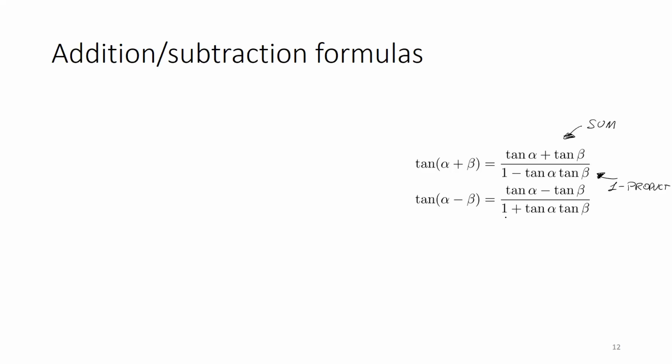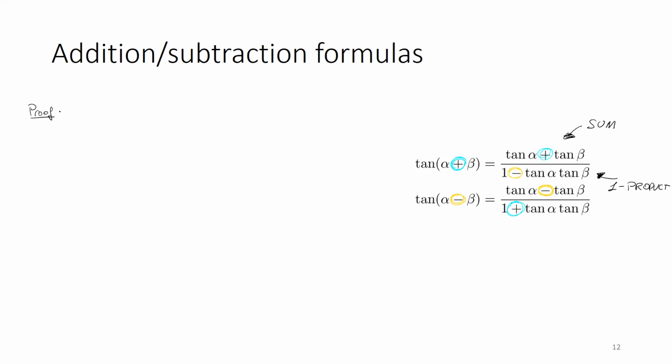And in the denominator, you have 1 plus the product. So it's in each case the opposite sign. So you have to be a bit careful. If you have a plus here, then you get a minus here. And if you have a minus here, you get a plus here. And once more, we will not cover the proof, but you could, with not too much work, do this yourself.